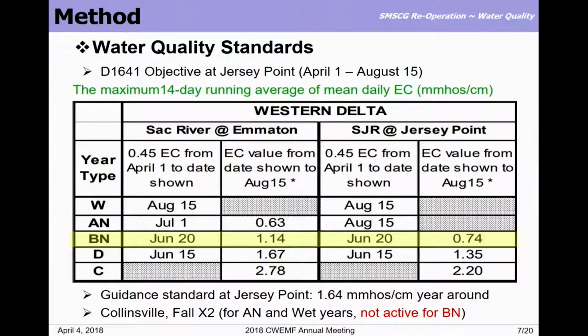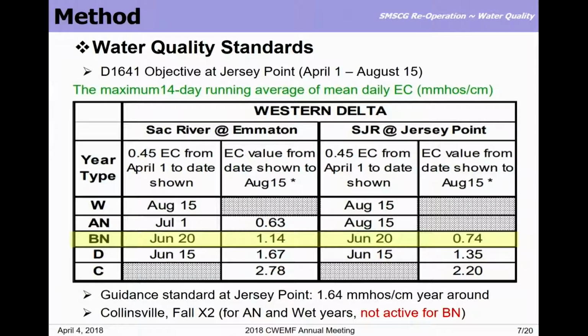And I'd like to point out here for Collinsville, this one is included in the biological opinion after 2009. It's called the 4x2 standard. It is not active for this year, but it's going to be active for above normal and wet years. As in the project proposal, this reoperation for the gate will only happen in below normal and above normal years.